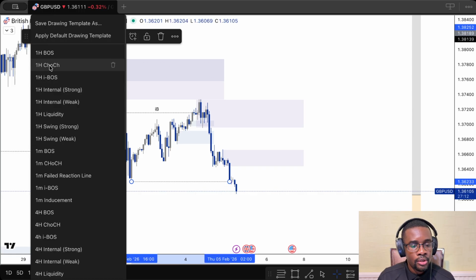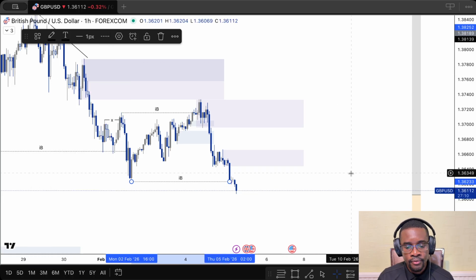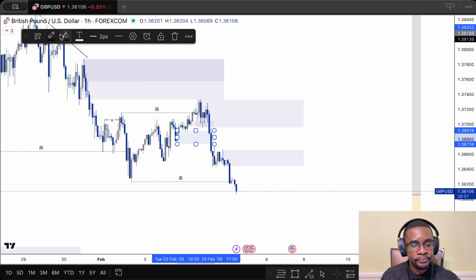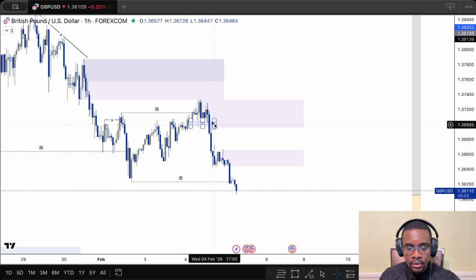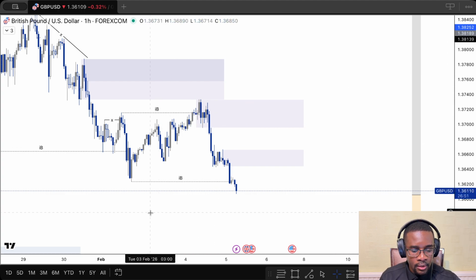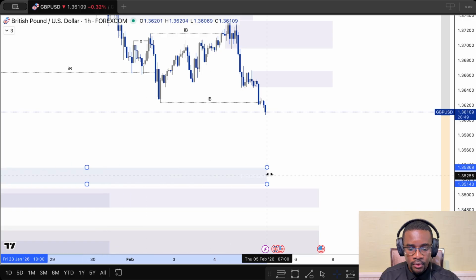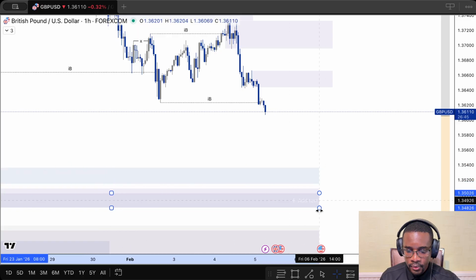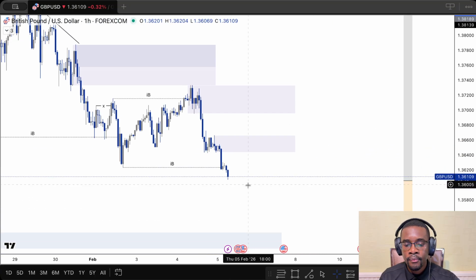As you can see, because of the higher time frame trend, which is bearish, the switch bullish was just temporary, and then we're just going to resume the bearish trend. So those demand areas have failed. They were never strong to begin with, but okay, so this is what we have.